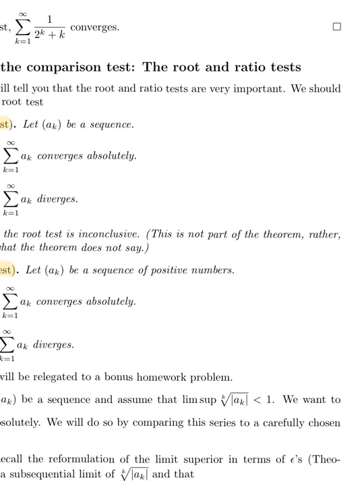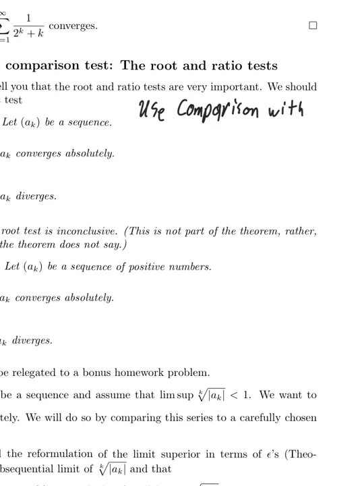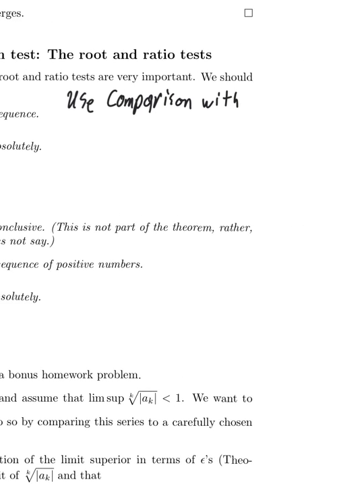So the proof of both of these are just use comparison with a geometric series. That is, both of these proofs will have one main step which will contain most of the work.